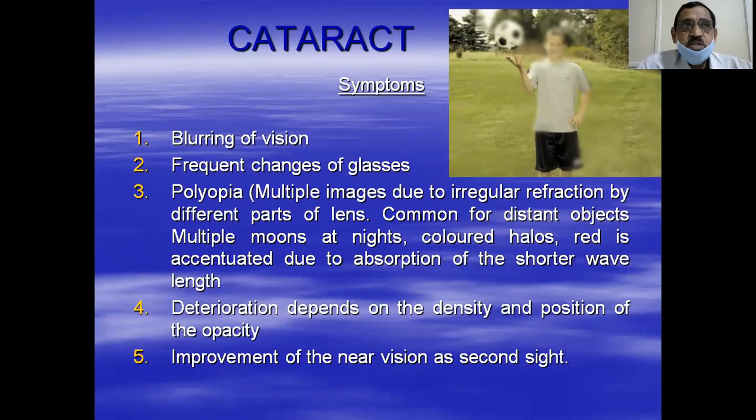There are three causes for colored halos, and we have to differentiate colored halos from one case to the other. The three conditions where colored halos are seen are, first and foremost, purulent conjunctivitis; second, the acute congestive stage of angle closure glaucoma; and third, an intumescent cataract.